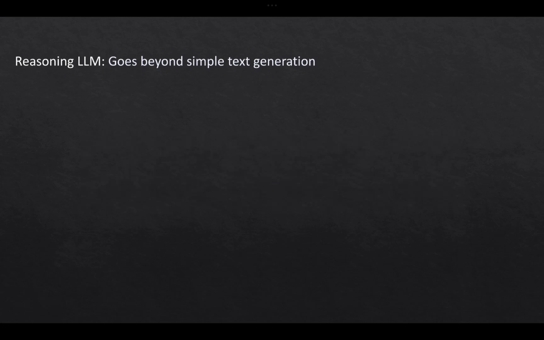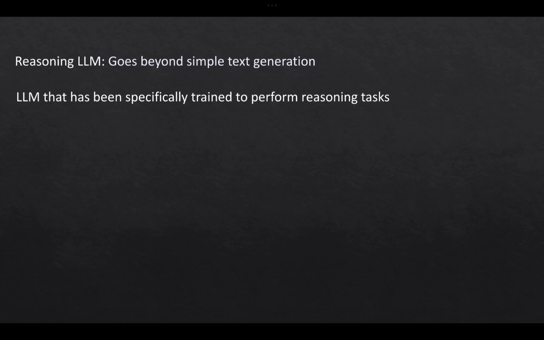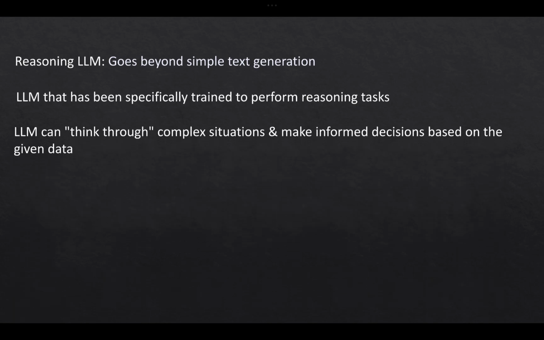In the case of a reasoning LLM, the task of the LLM is to go beyond simple text generation and embrace reasoning capabilities. This LLM should be specially trained on performing reasoning tasks, so it can think through complex situations and make informed decisions based on the given data.